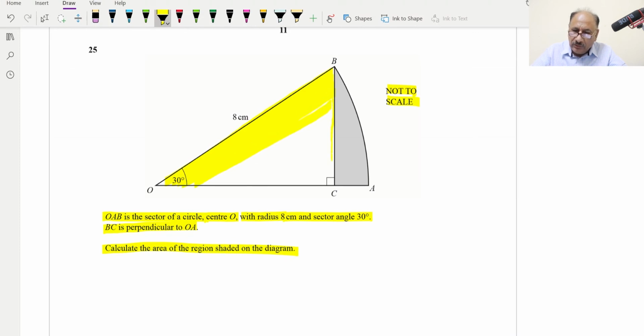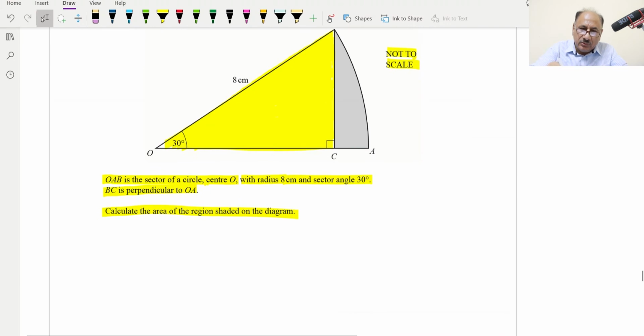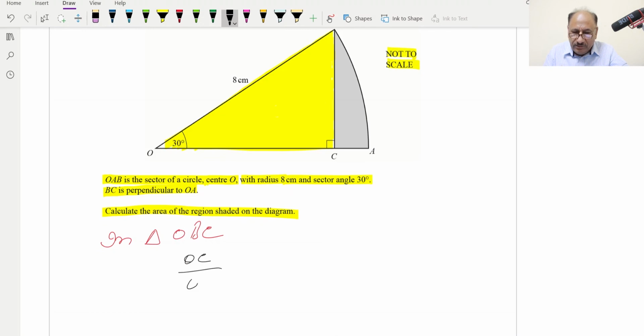We can consider this triangle, and this triangle will be this one. Hopefully you are understanding. In triangle OBC, OC over OB is equal to cos of 30 degree.